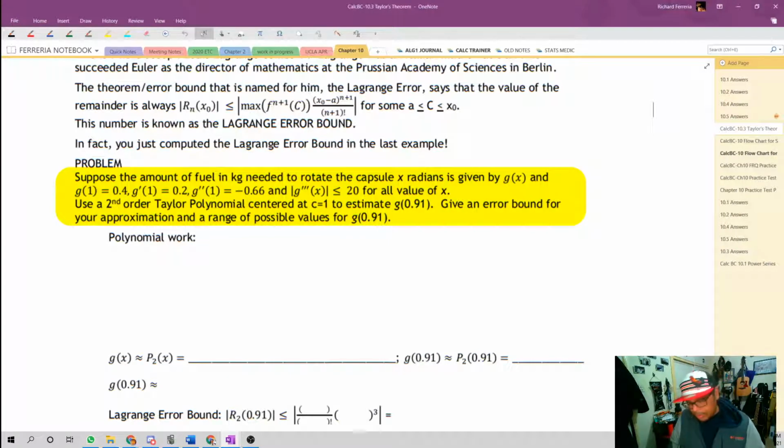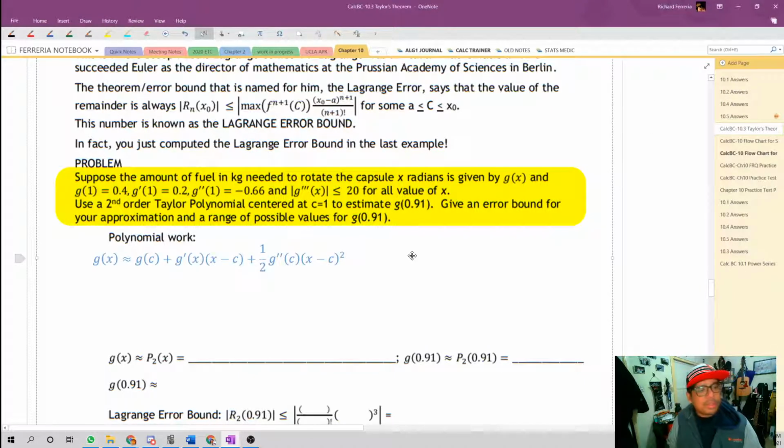So let's go ahead and just do this. Let's write down the second-ordered Taylor polynomial for any function. Any second-ordered Taylor polynomial called g will be g of c plus g prime of c multiplied by x minus c plus half of g double prime c multiplied by x minus c squared.